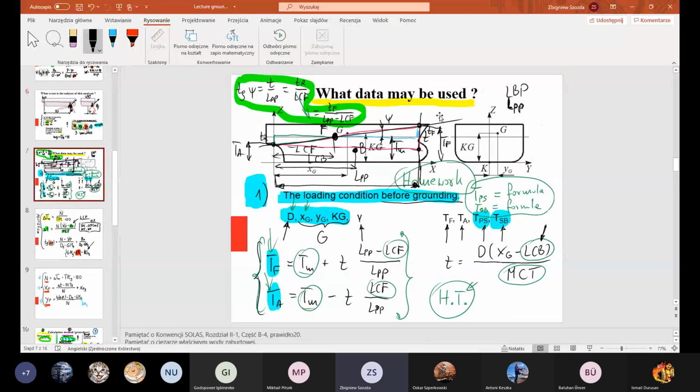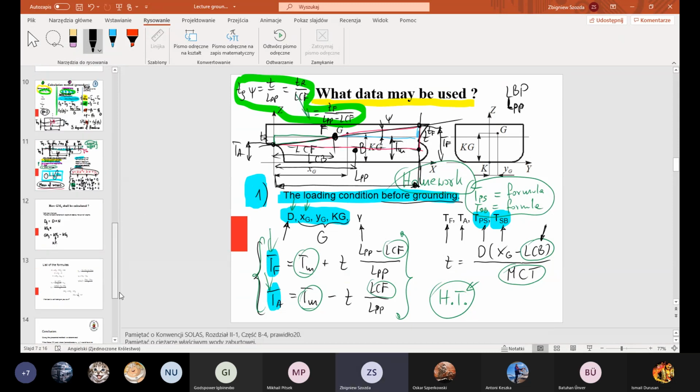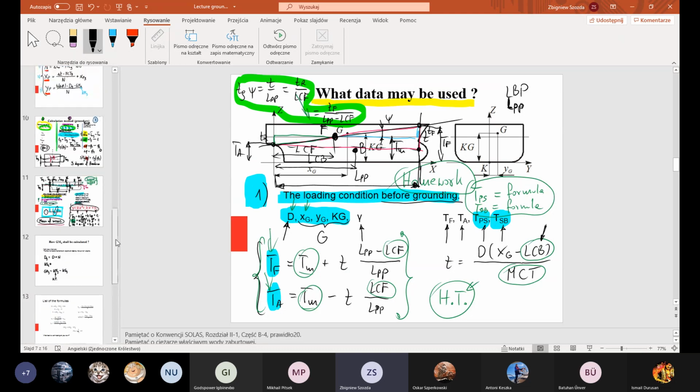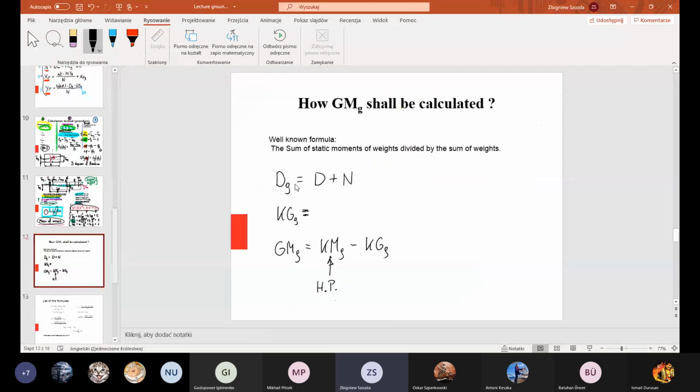What data may be used? We started with the loading condition before grounding is known. So letter D, displacement before grounding, is known. So if we add to this displacement the force acting on our ship, we will obtain displacement after grounding.